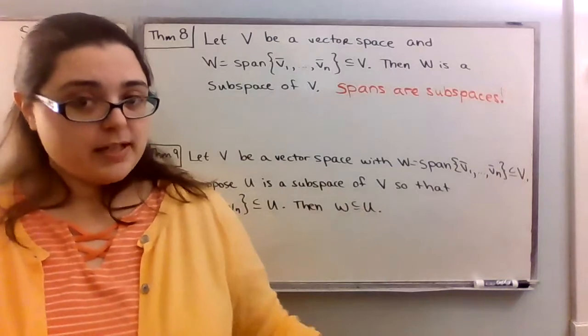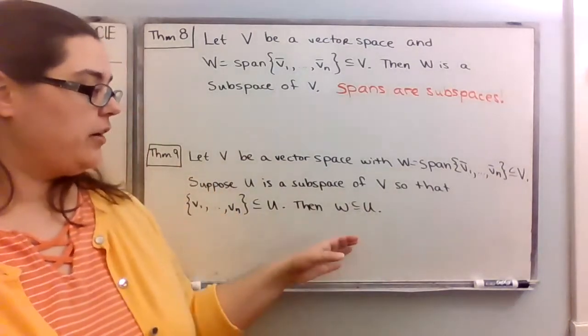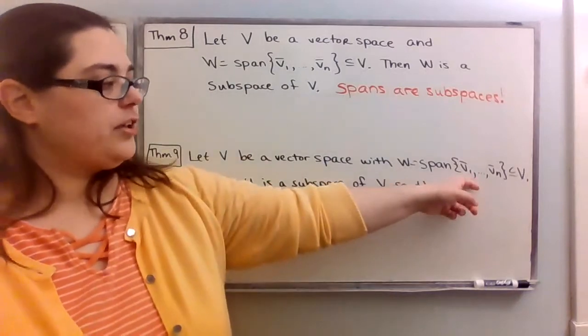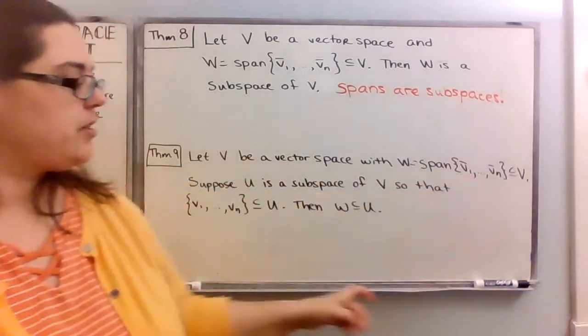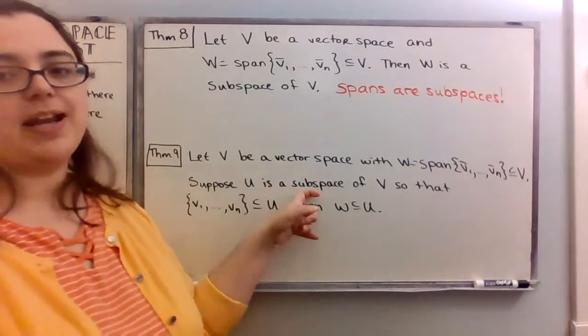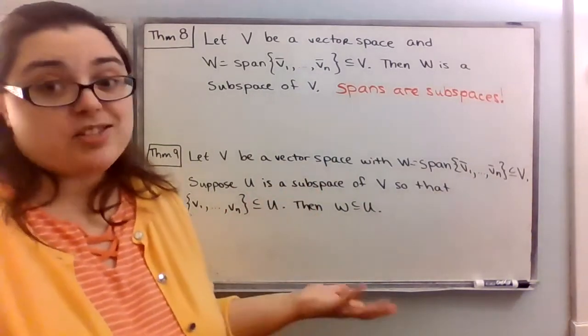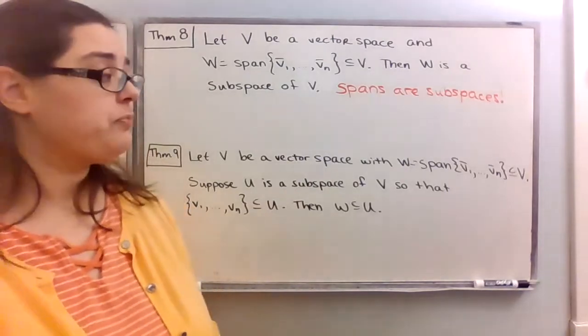Again, this makes sense because of the linear combination idea. These are all the linear combinations of those vectors. If U is a subspace, it has to contain all those linear combinations, so it has to contain that span of those vectors.